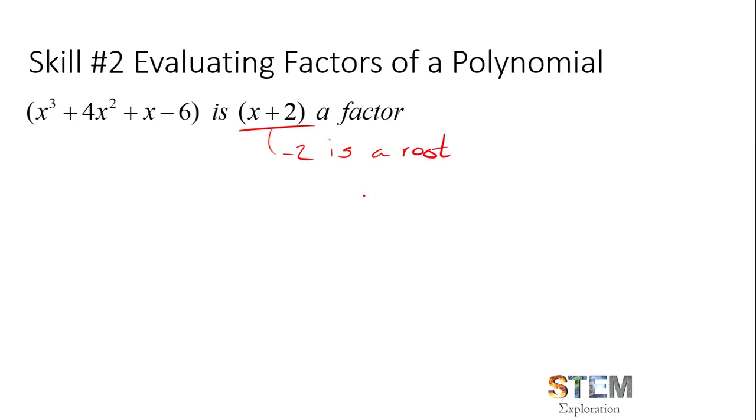So if you wanted to check that, we can simply divide this cubic polynomial by this binomial. And if the remainder is 0, that means that -2 is a root. Okay, so this can be a situation where you would want to plug it in and check it super quick. So we could go x plus 2.